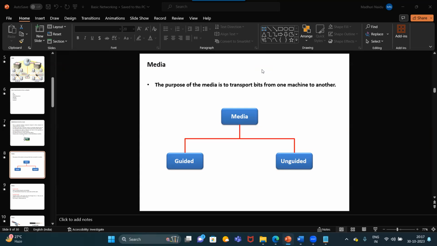Cables include coaxial cable, twisted pair cable, and fiber optic cable. At present, coaxial cables are outdated. We are not using coaxial cables. Twisted pair cable and fiber optic cables are available.